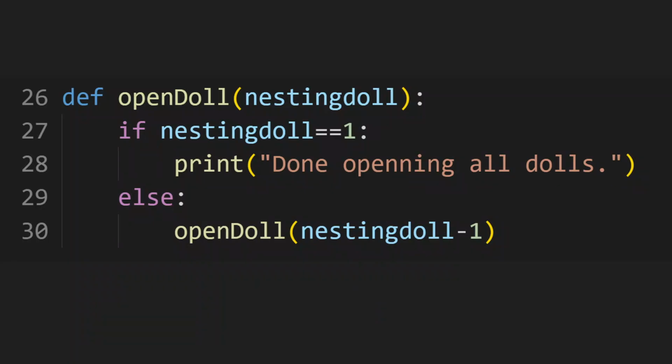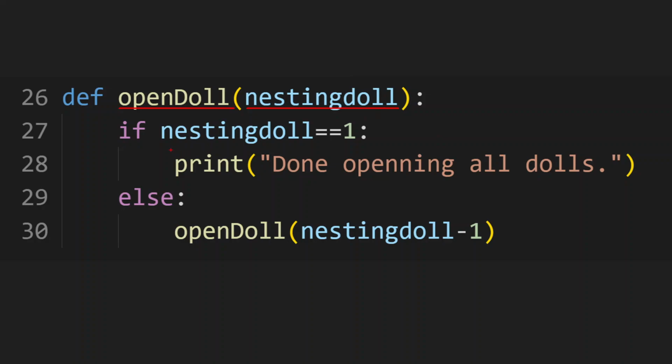Now, for example, let me explain this code here. We have a function called openDoll. We are passing it a variable called nestingDolls. We just want to demonstrate how we can implement the nesting dolls as a recursive function.